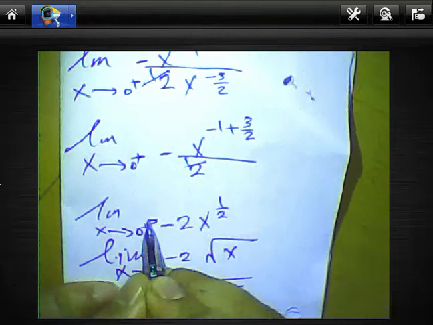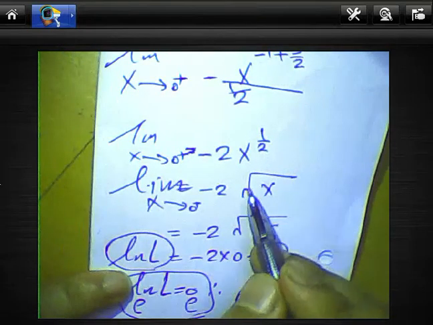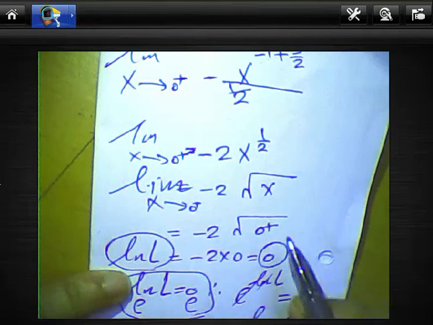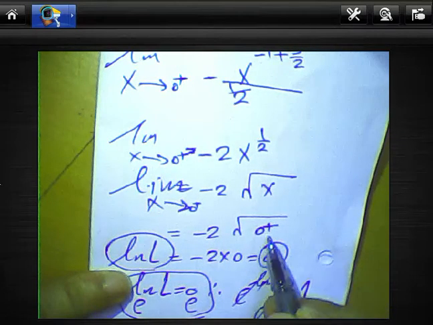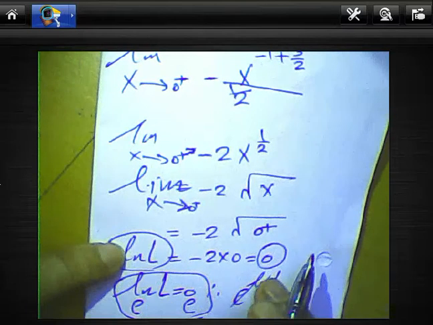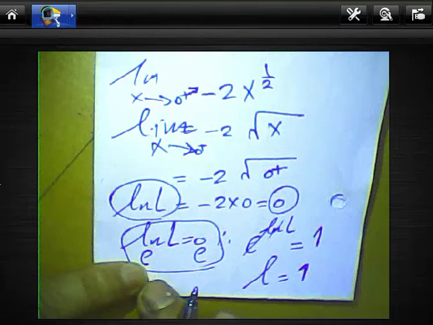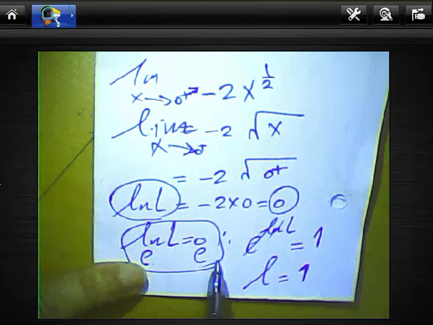So the result will be negative 2x to the power half, which equals negative 2 multiplied by the square root of x, and put 0 plus here. Root of 0 equals 0, so ln of L equals 0. So we must write e to the power ln of L equals e to the power 0. You know e to the power ln of L equals L, so L equals e to the power 0 equals 1.